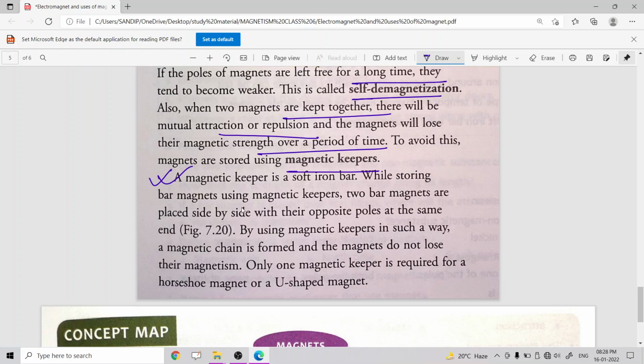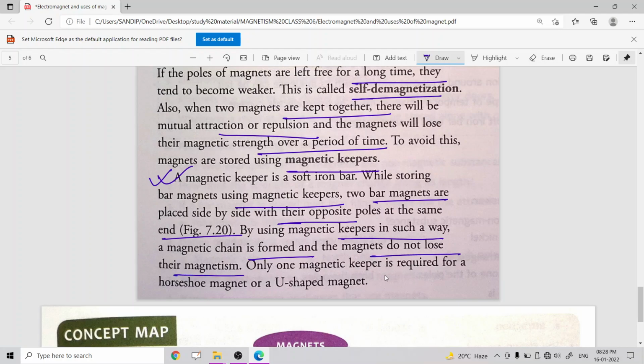While storing bar magnets using magnetic keepers, two bar magnets are placed side by side with their opposite poles at the same end, and magnetic keepers are used in such a way that a magnetic chain is formed, and the magnets do not lose their magnetism.